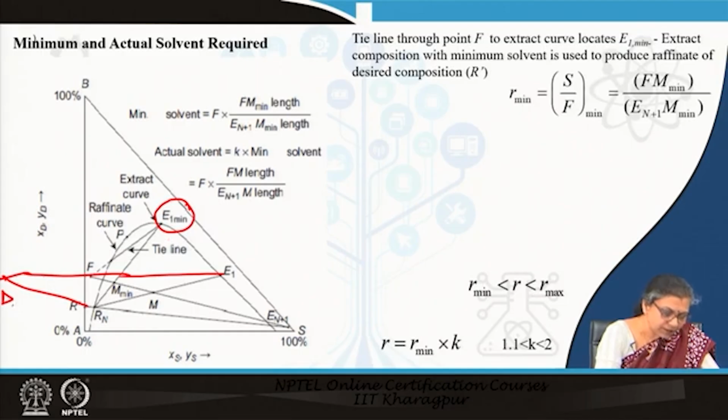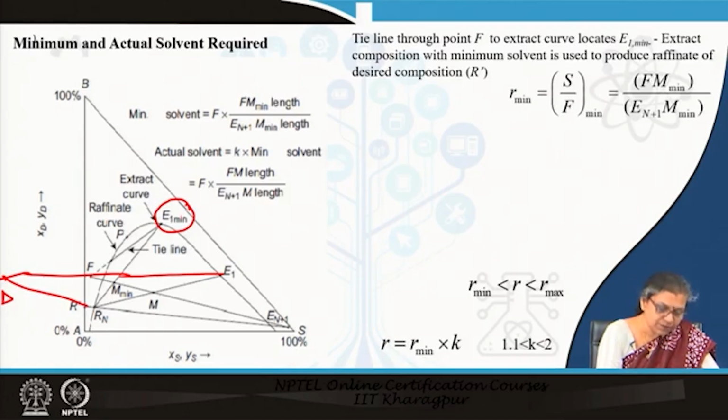Once you find out that the tie line from delta F, you extend the tie line, then the point where it intersects with the extract curve gives you E1 minimum.